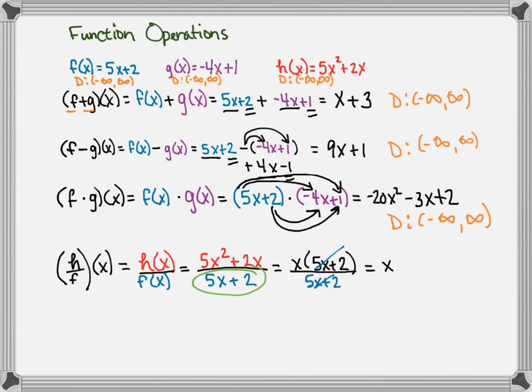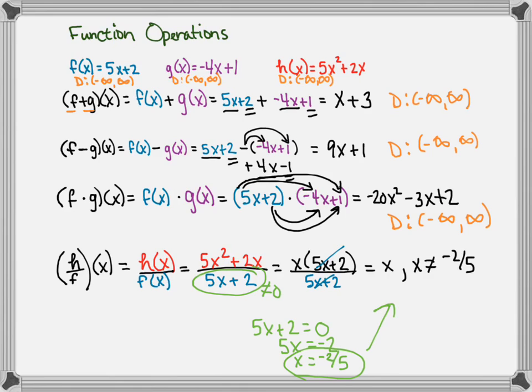Now we need to be careful because, in order for this quotient to exist, the denominator cannot equal 0. So let's set 5x plus 2 equal to 0 and solve for x. Subtracting 2, 5x equals negative 2, dividing both sides by 5, x equals negative 2/5. So we could say that this is a restriction, that x cannot equal negative 2/5.